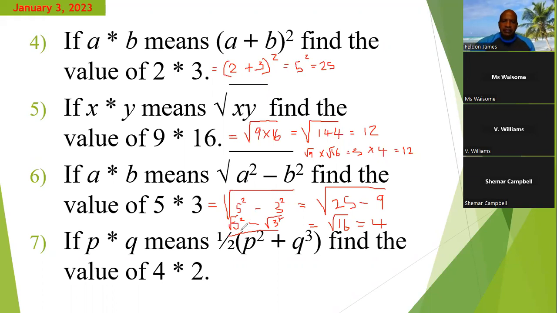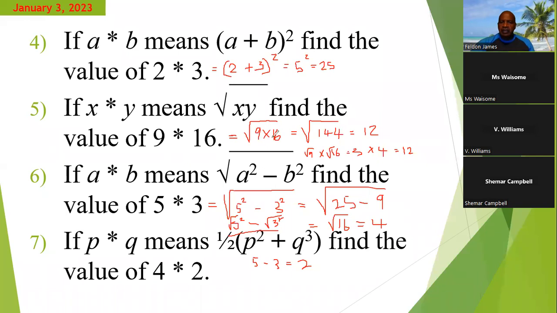All right, so the square root of 25 gives you 5, and the square root of 9 gives you 3, and so the answer would be 2. Right. So it is important to note that whereas we can do it with multiplication, we cannot do it with addition and subtraction.